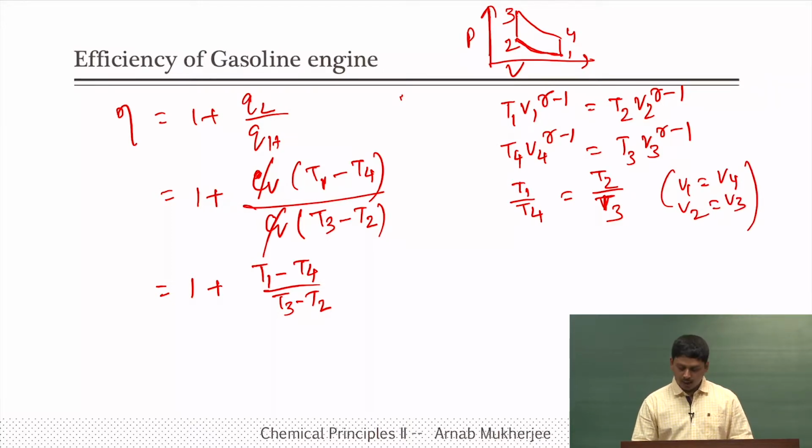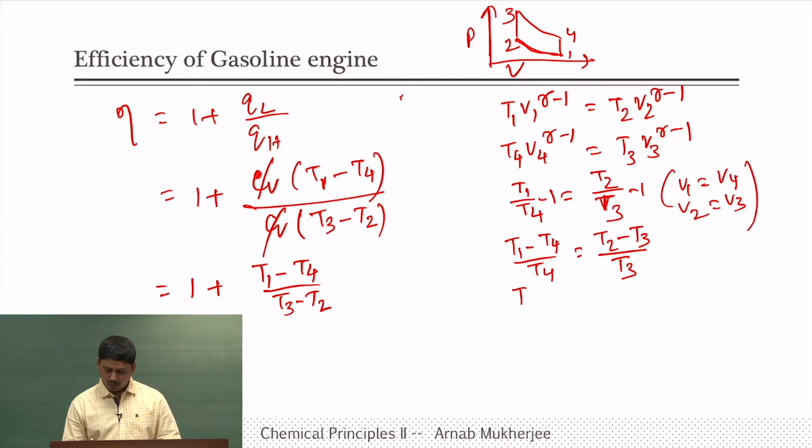Okay. So, now once we get that, I can put minus 1 on both sides, you can get (T1 minus T4) by T4 equal to (T2 minus T3) by T3. Okay. So, now I can go 1 minus (T1 minus T4), I can take the numerator on this side to down, T2 minus T3 is equal to T4 minus T3.